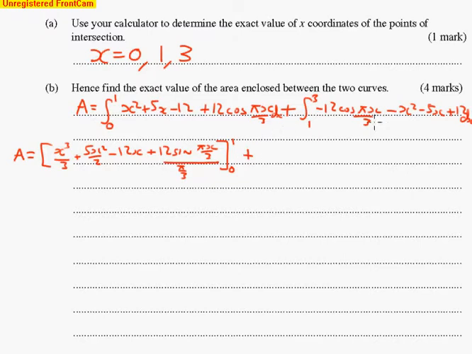Plus, now the integral of the second lot, well, I've got negative cos, so that'll be negative 12 sine pi x on 3, again divided by the pi on 3, minus x to the 3 over 3 minus 5x squared over 2 plus 12x.